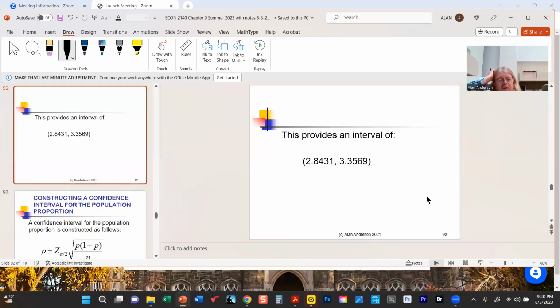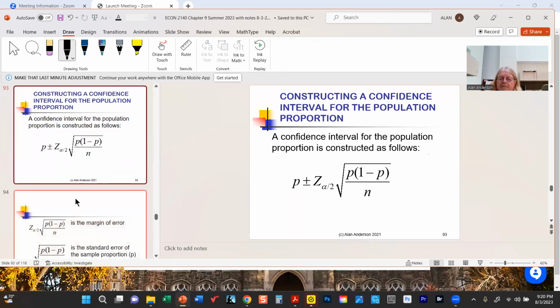Okay, so up to this point, our entire discussion was centered on finding confidence intervals for the population mean. It turns out we can do the same thing for population proportions. Okay. Now remember, in this book, we're going to use the letter capital pi to be our population proportion.